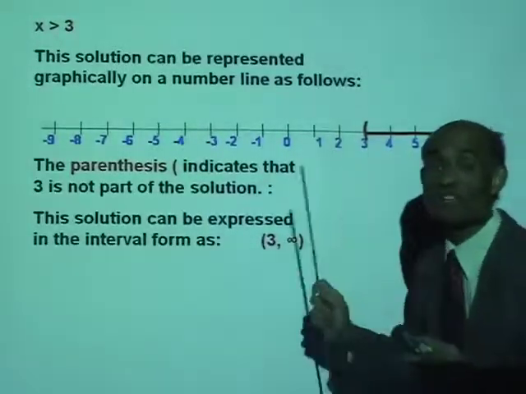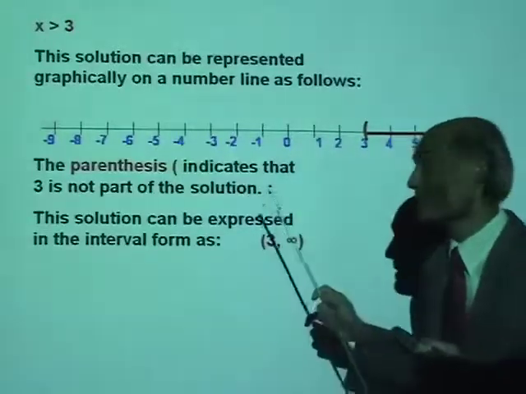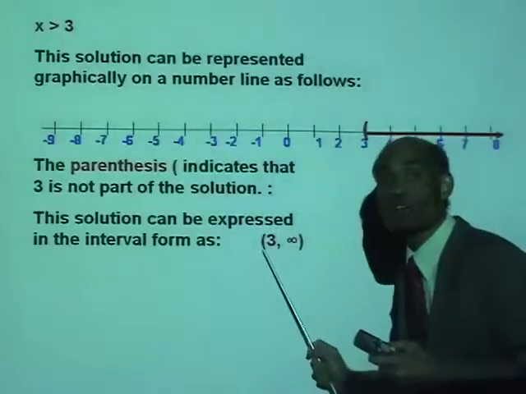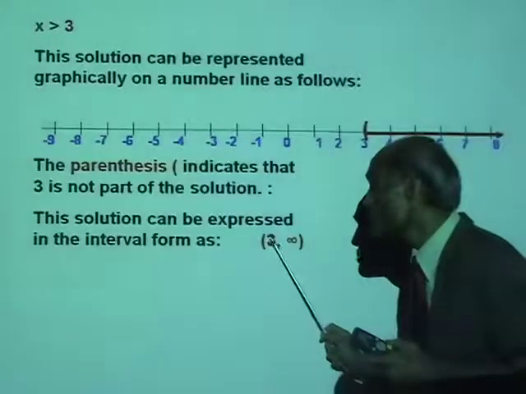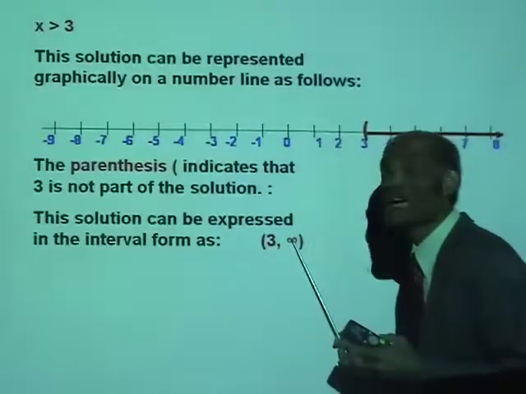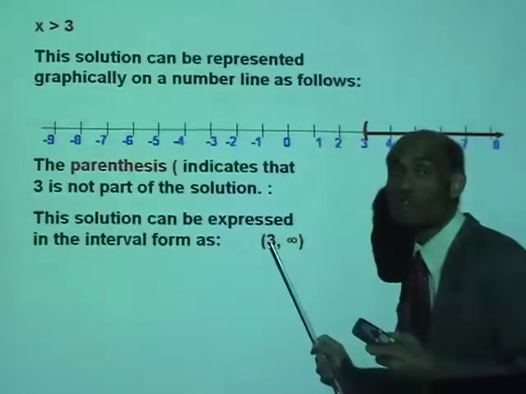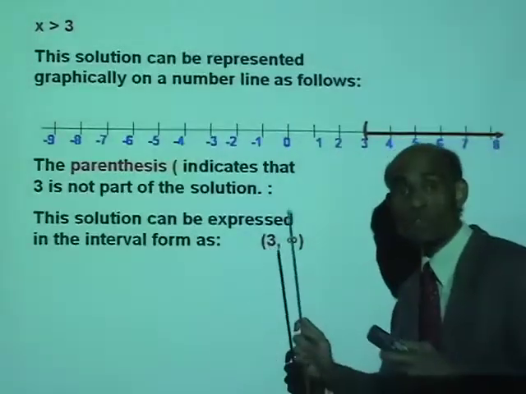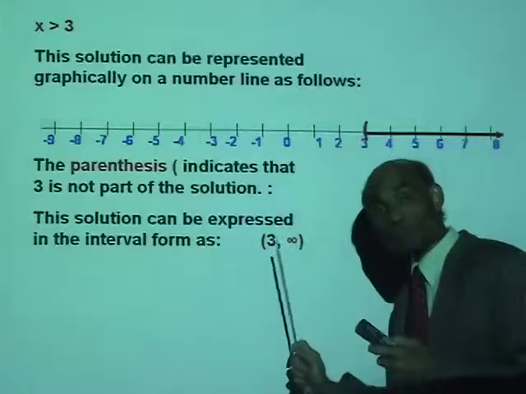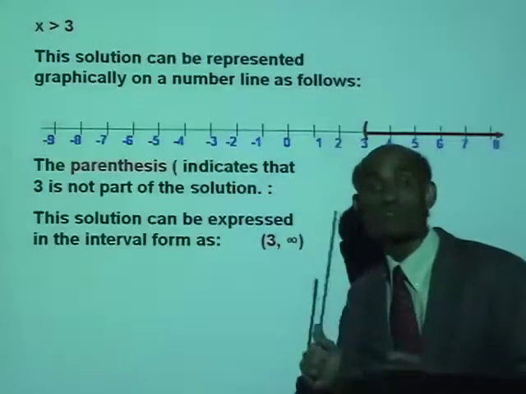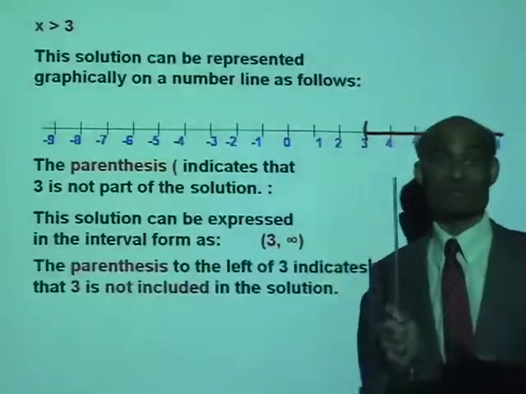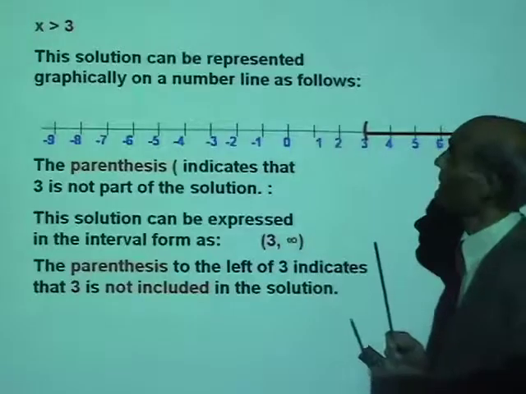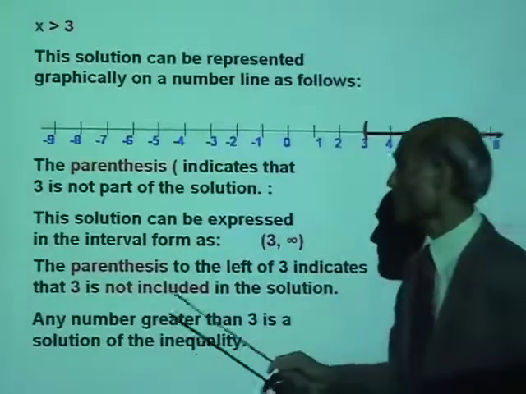The parenthesis tells you that 3 is not included. And in the interval notation, it is parenthesis 3, comma, infinity. Now this also means the solution contains all numbers to the right of 3. 3 is not part of the solution. Okay, let's move on.